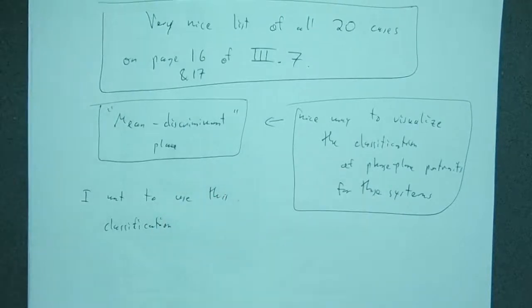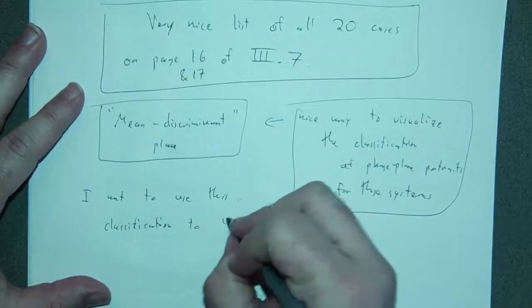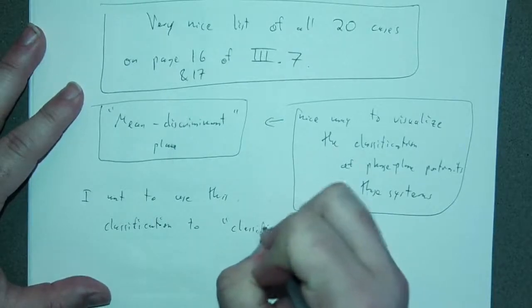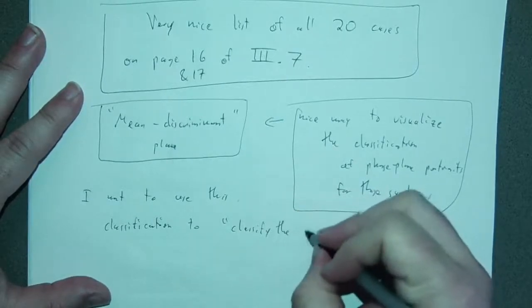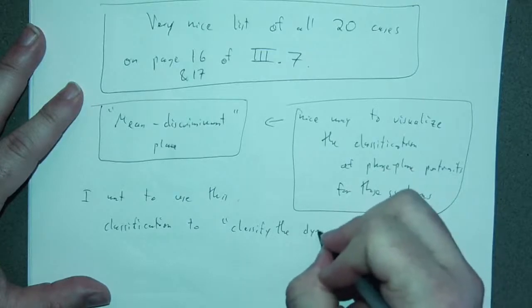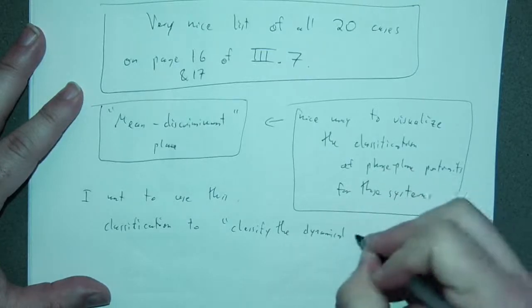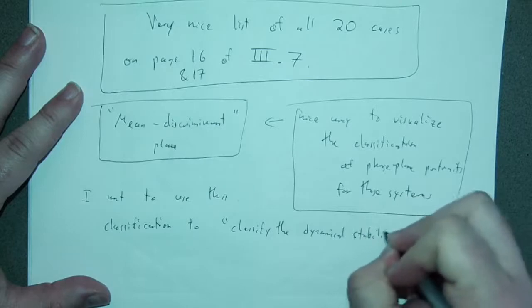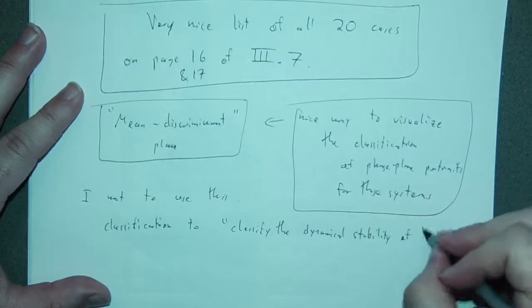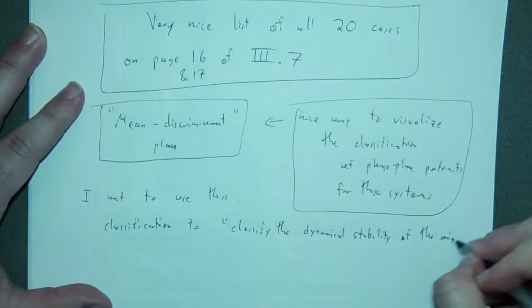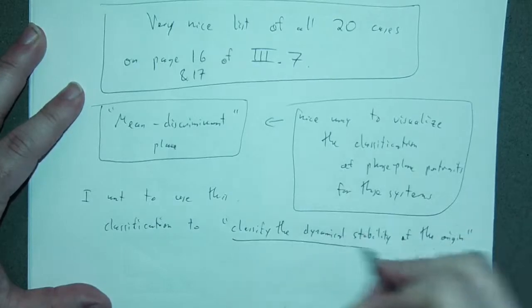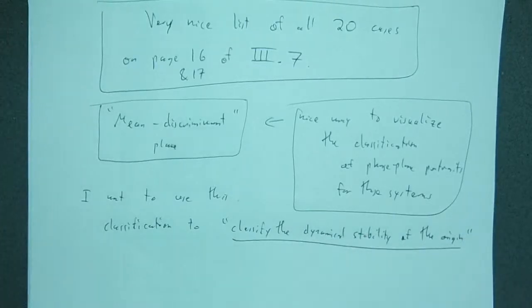This classification that we've done, breaking it into these 20 cases, to classify the dynamical stability of the origin. Remember, in each of these cases, the point that these pictures were centered around was the origin.